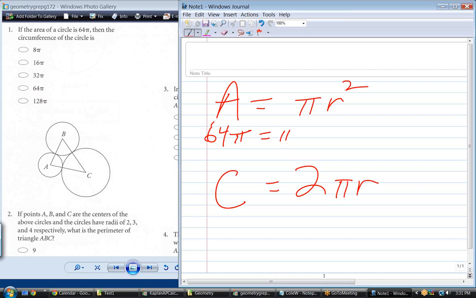What does that allow us to solve for? Radius and circumference. So what's the radius? Eight. And now what is the circumference? 16 pi.